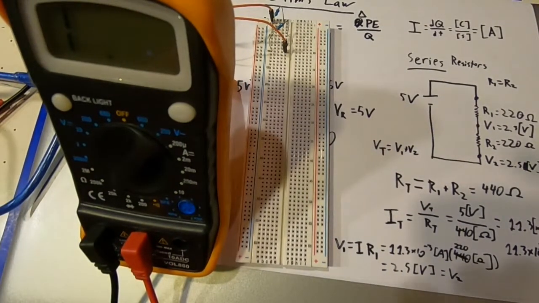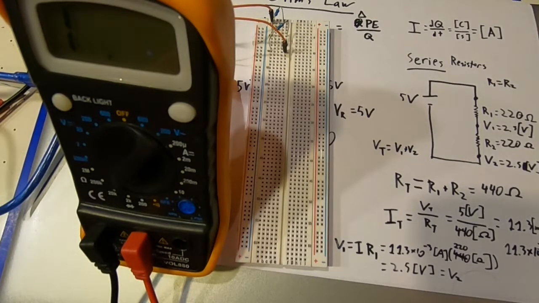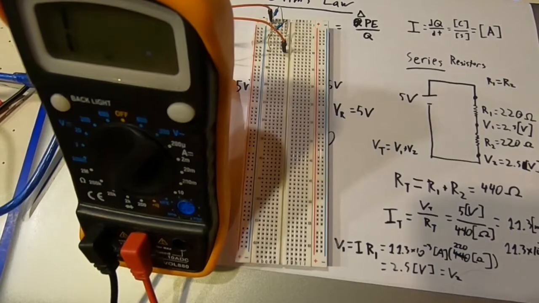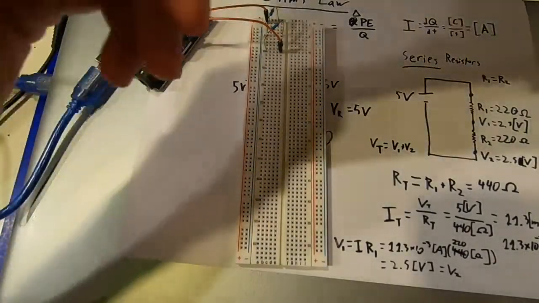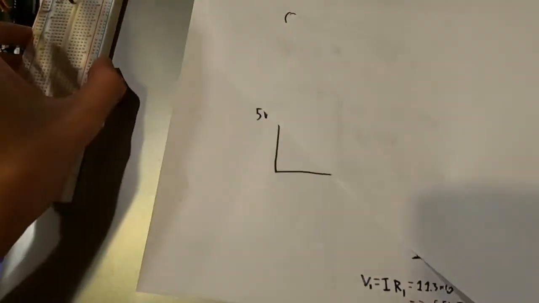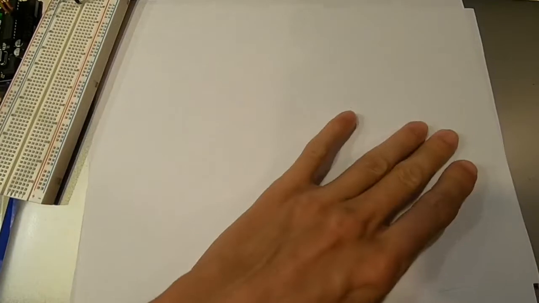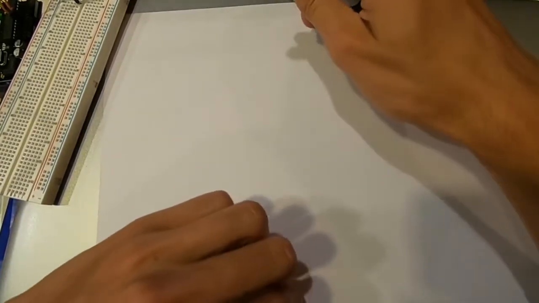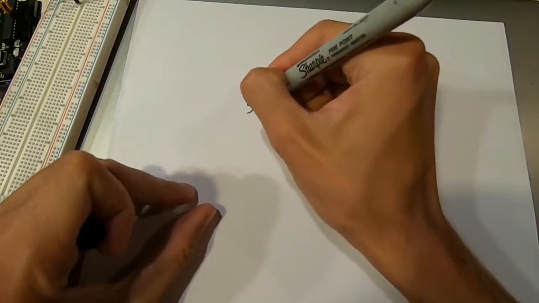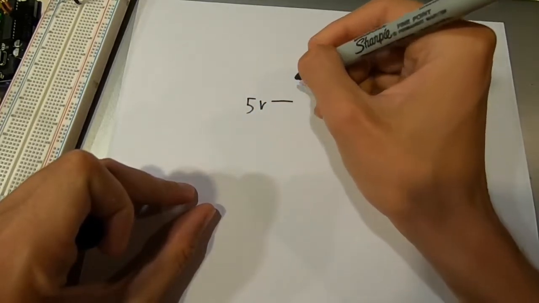All right, now that we've got our circuit connected, let's draw it up and try to calculate what our theoretical voltage drops and current for the entire circuit will be. So it's going to be pretty much the exact same thing as our previous circuit. Right, we've got our 5-volt power supply.